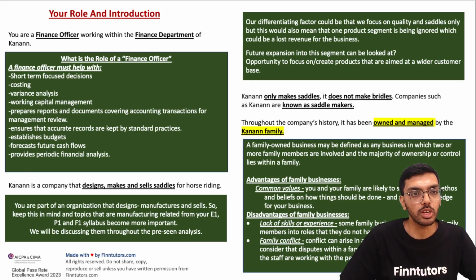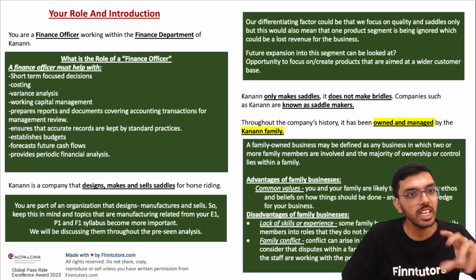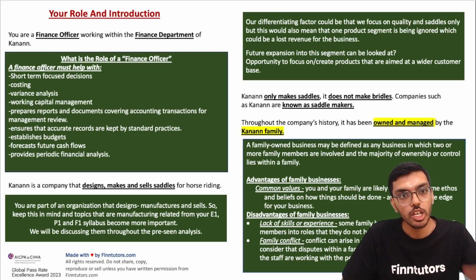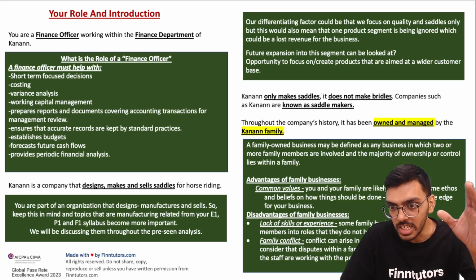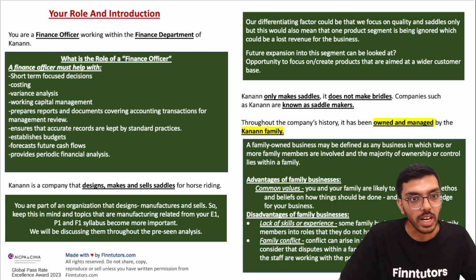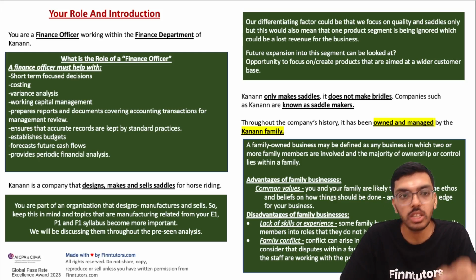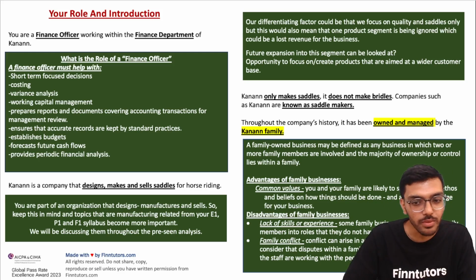So let's start with the first section, which is your role and the introduction section. You are the finance officer working within the finance department of Kanann. Let us very clearly imagine what a finance officer has to do in the real world. It's very simple.